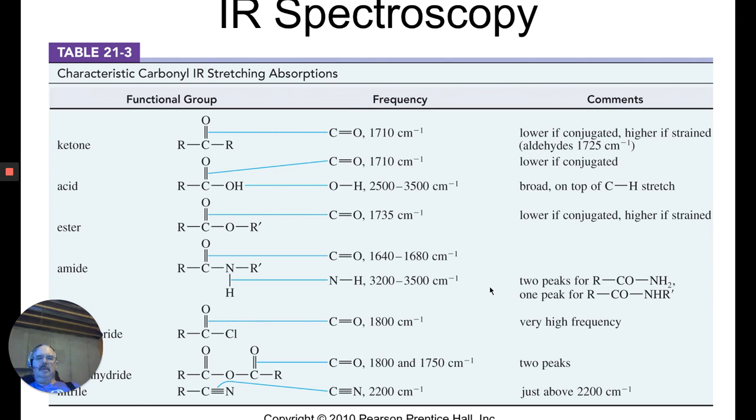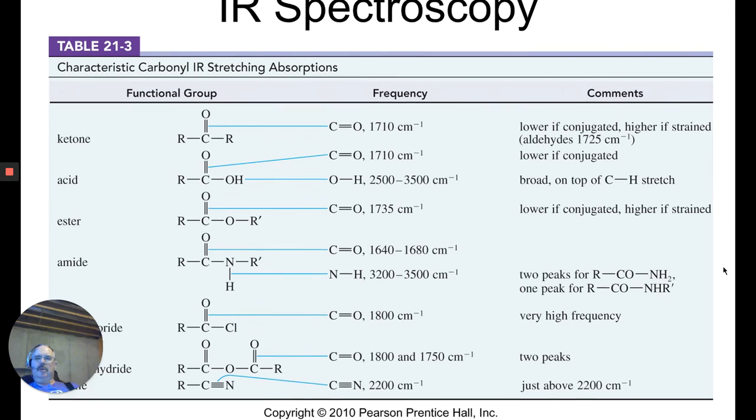Acid chlorides will have a higher carbonyl frequency, usually about 1800. Anhydrides will show 2 carbonyl peaks at about 1800 and 1750. The nitrile stretch occurs just above 2200 wave numbers.